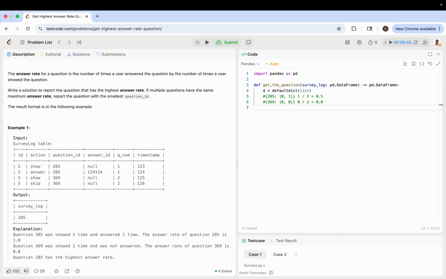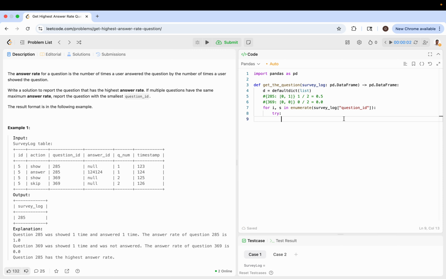So let's go ahead and do it. For i in enumerate of survey log, let's get the question ID as the key. I know this is probably not the best way to do it, but just for convenience, I used a try, because we know that nulls can't be turned into integers.